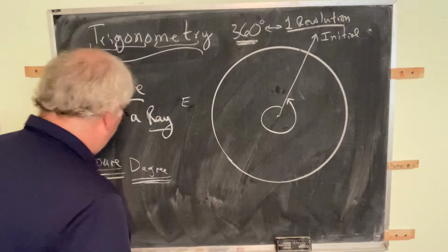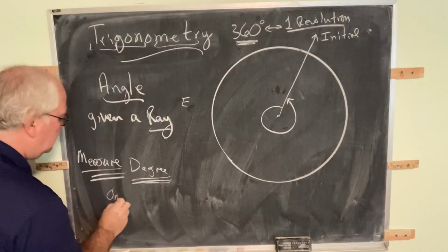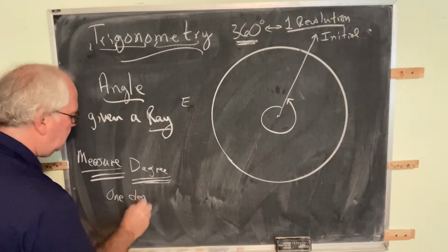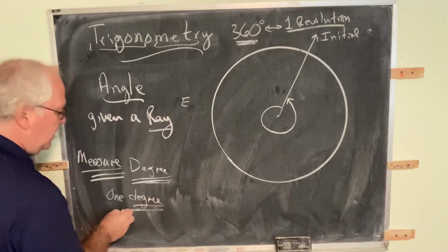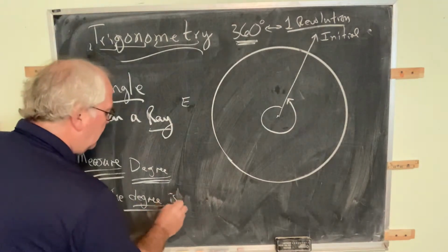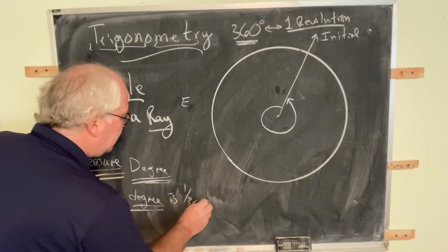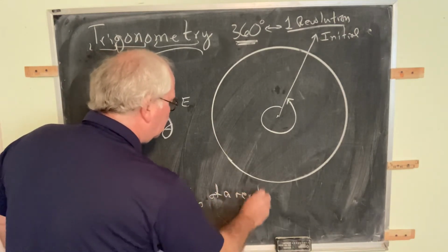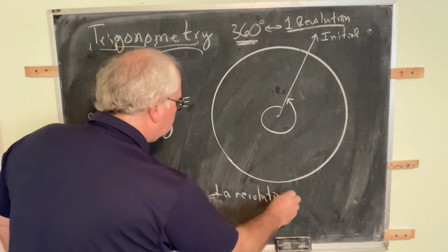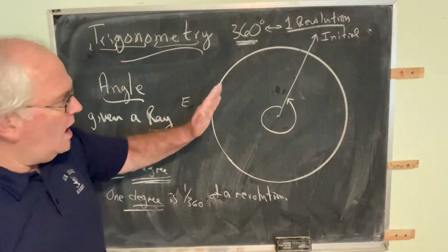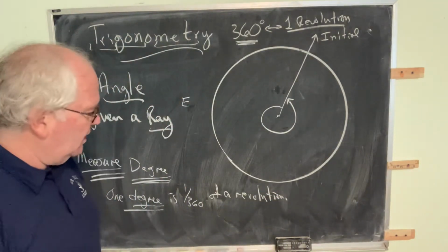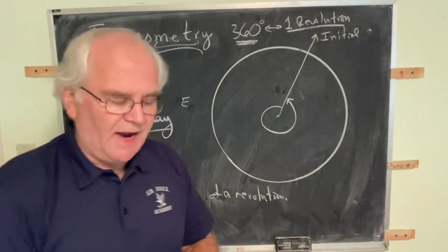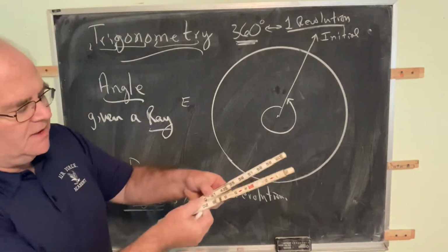Or equivalently, 1 degree is 1/360th of a revolution. So if you only go 1/360th of a revolution, now we understand, we've seen protractors before, a 1 degree angle is tiny.